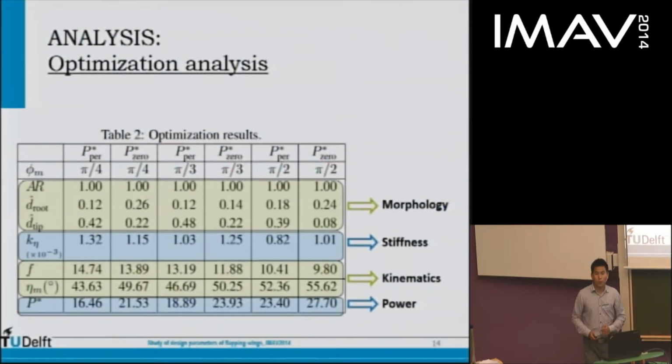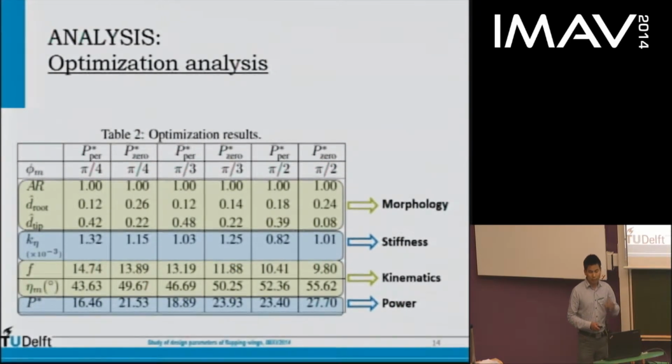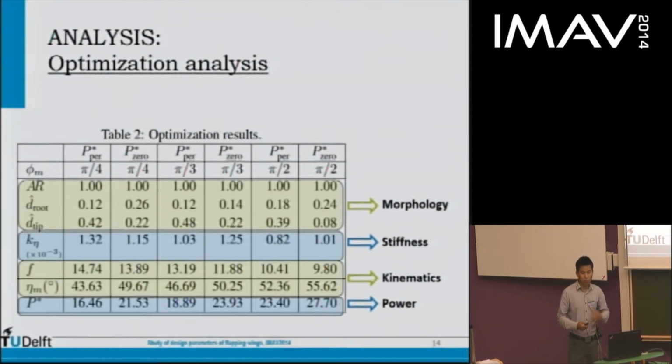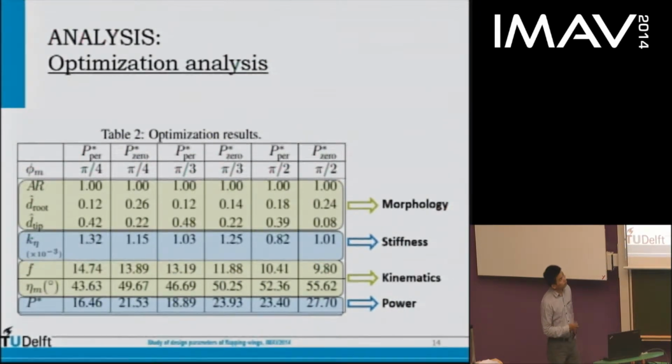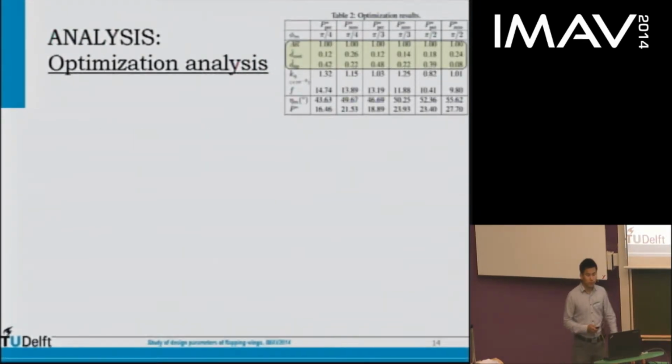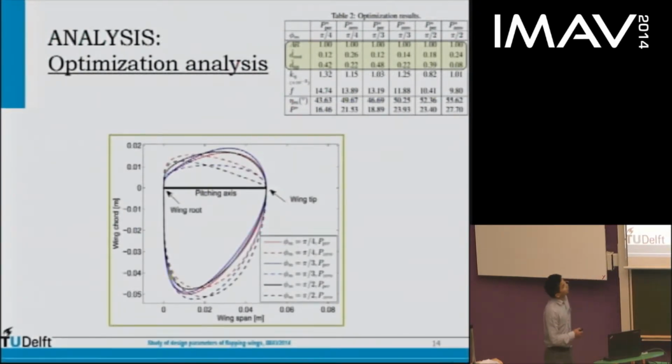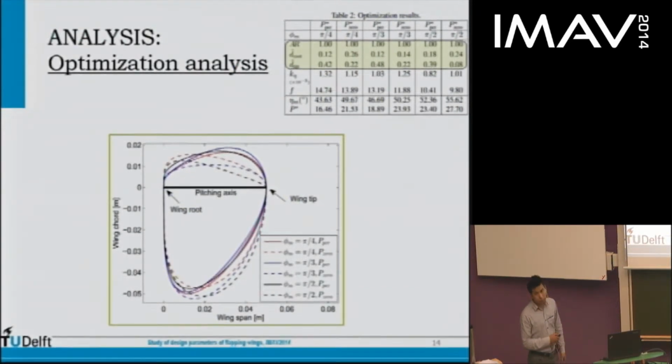For different sweeping amplitudes, I will compare the results from the kinematics perspective, the morphology perspective, and the power and stiffness perspective. At the very beginning, a similar result was obtained for different sweeping amplitudes.